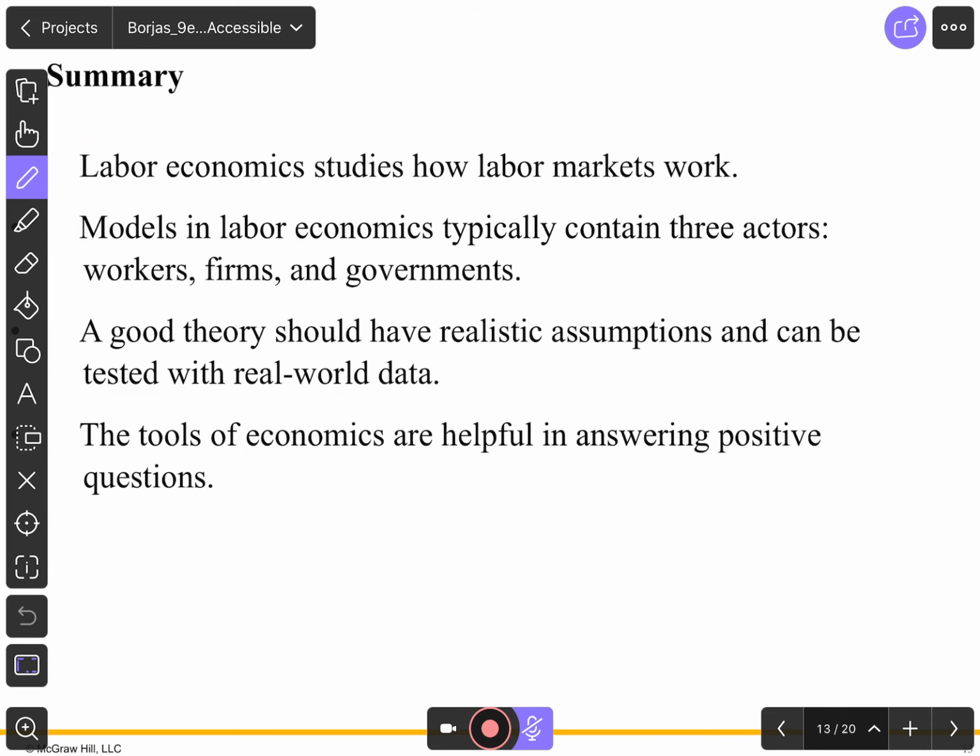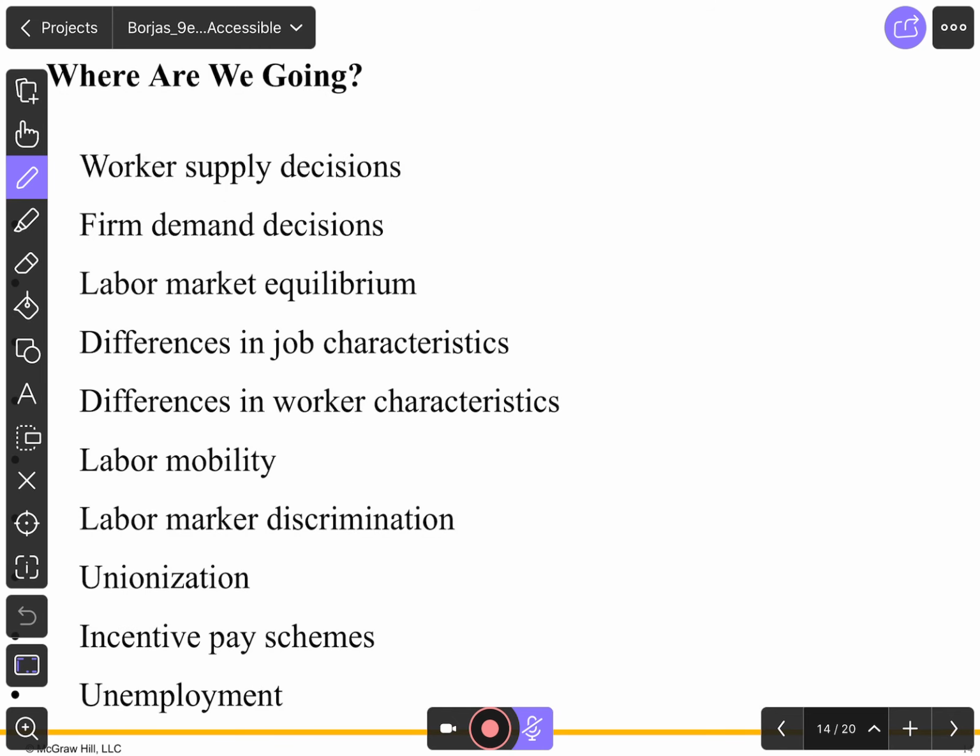So towards the end of this chapter, we basically covered the most important things that we will cover in the remainder of this course. The next topic is about the supply, then the demand, then the equilibrium, and then we will start talking about more details of these different components. We will also be talking about the tools, which are basically covering the regression analysis.